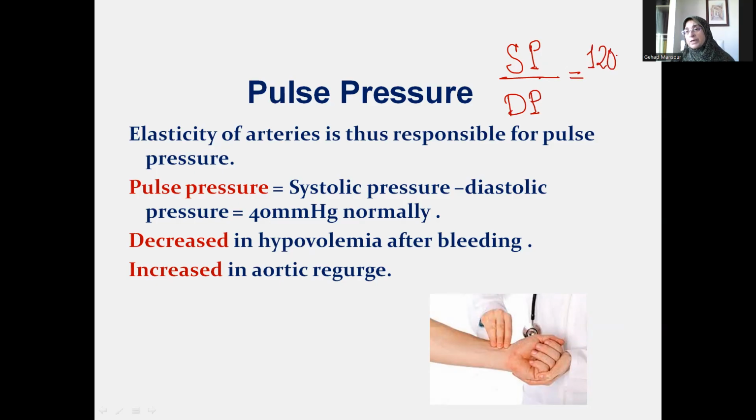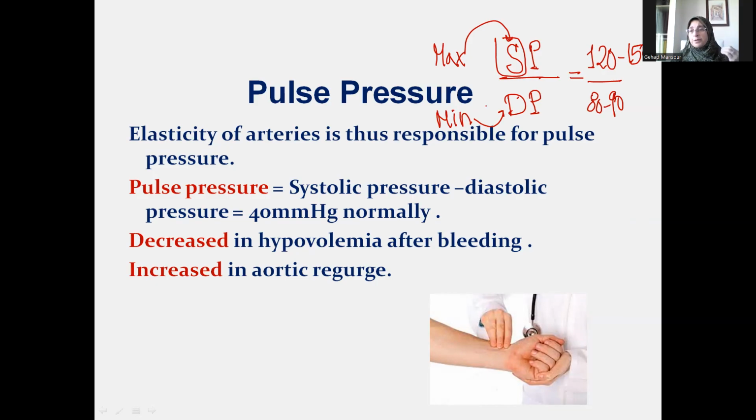Normally, it is in the range from 120 to 150 for the systolic and 80 to 90 for the diastolic. The systolic pressure is the maximum pressure obtained during systole, and the diastolic pressure is the minimum pressure obtained during diastole.